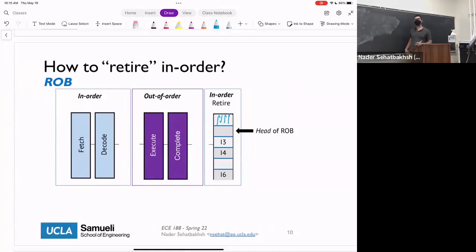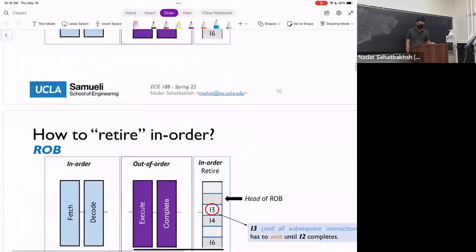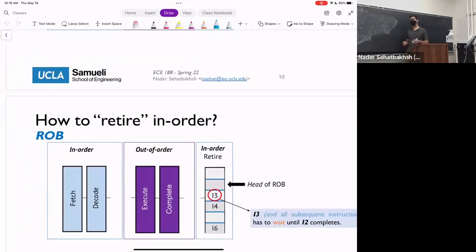But as you can see, I2 has not been completed yet because probably it's a branch instruction or depending on something else. So for some reason, it takes more time for I2 to be completed. And as you can see, I3 and I4 are already completed, right? But since I2 is not completed, we cannot release I3 and I4.